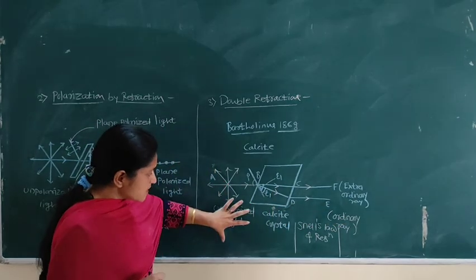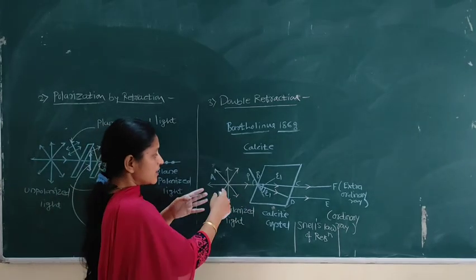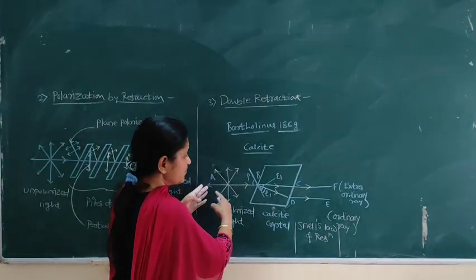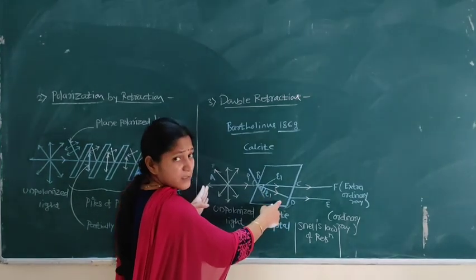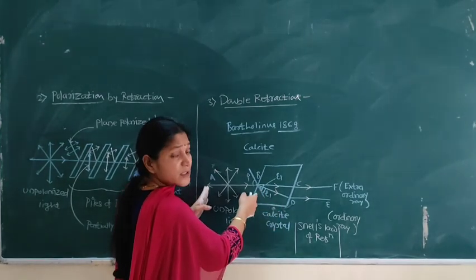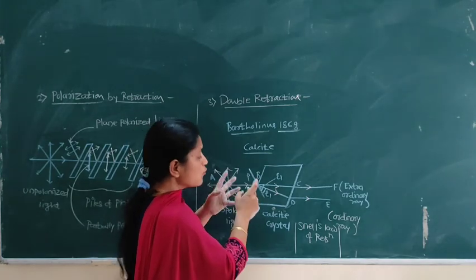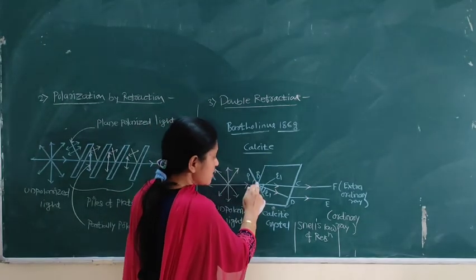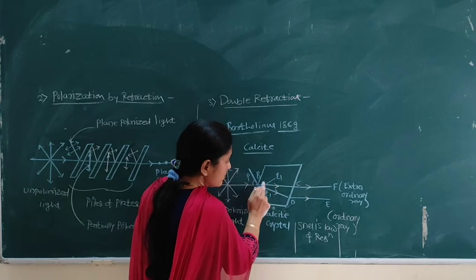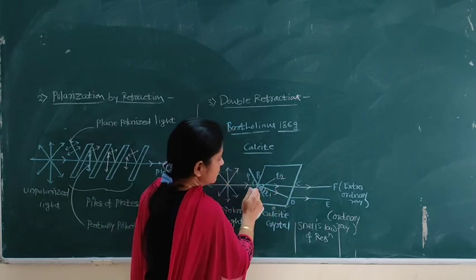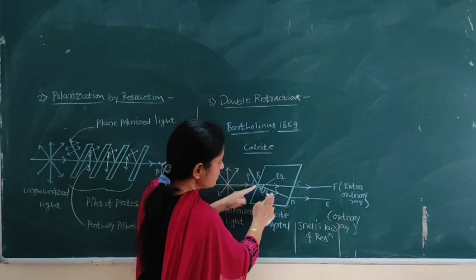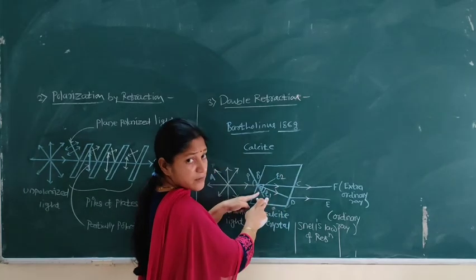If we see this figure, it is observed that when unpolarized light AB is incident on a calcite crystal, then when the light enters the crystal, it produces two refracted rays. One is along BC, making an angle R2, and the other is along BD, making an angle R1.